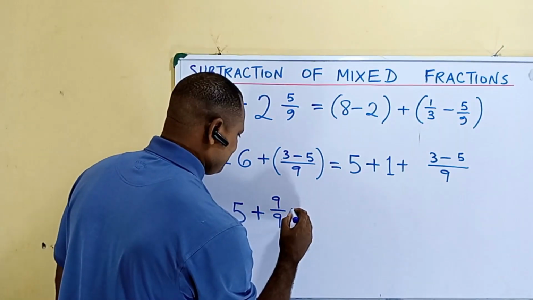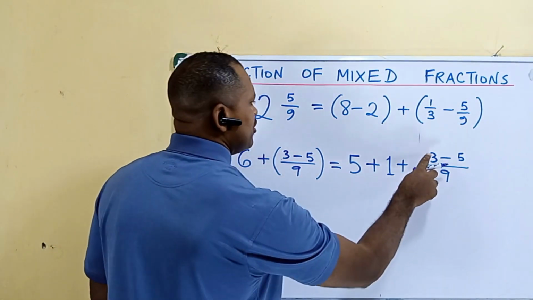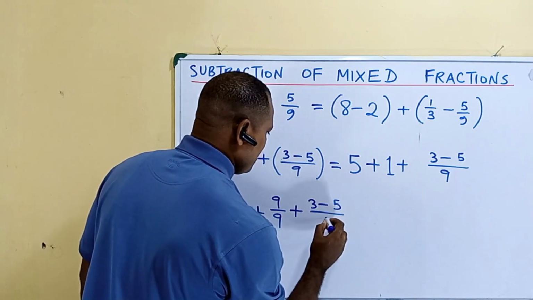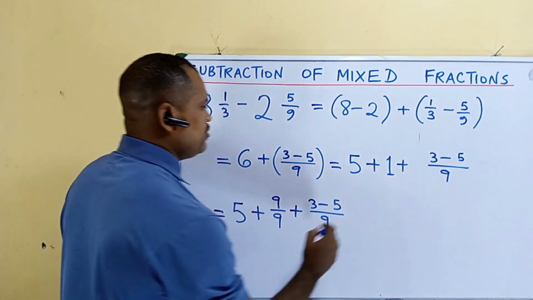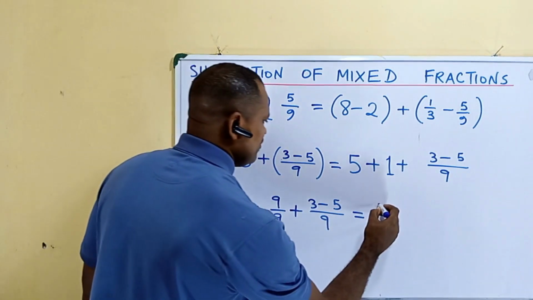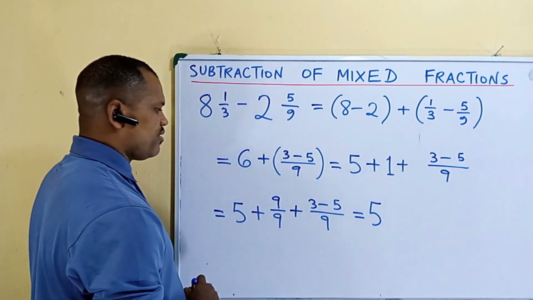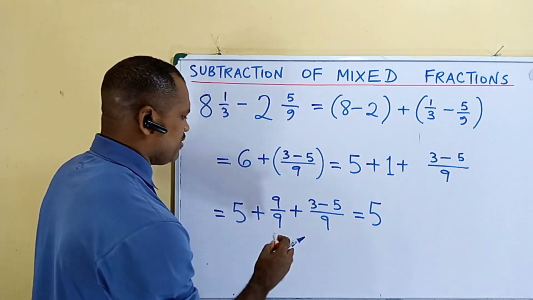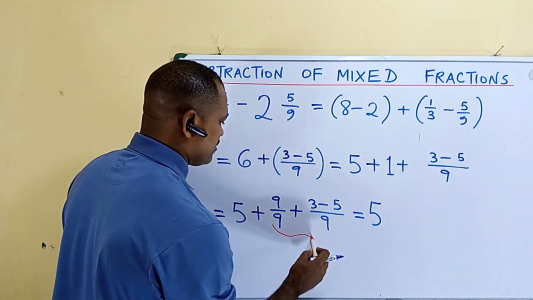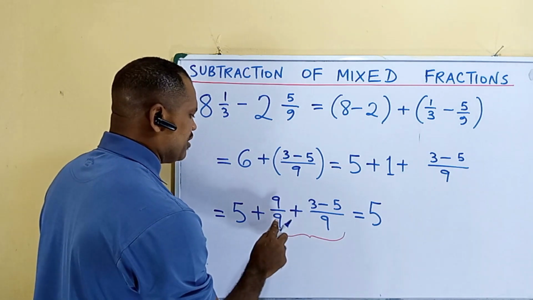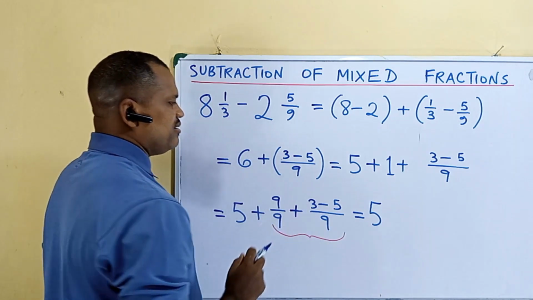So plus your 3 minus 5 over 9. Good. So this is your 5. Write it here. Now notice that you have the same denominator, 9 and 9.